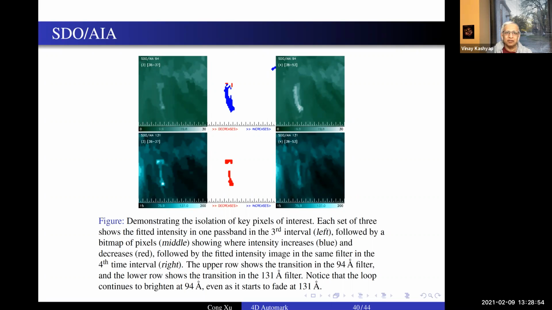Because there's always going to be fluctuations, and unless you can see something that you can essentially track with your eyes, no solar physicist is going to believe anything that comes out of this. So that was in fact the purpose of this exercise: here is a loop that brightens before our eyes, and will the algorithm pick it up?